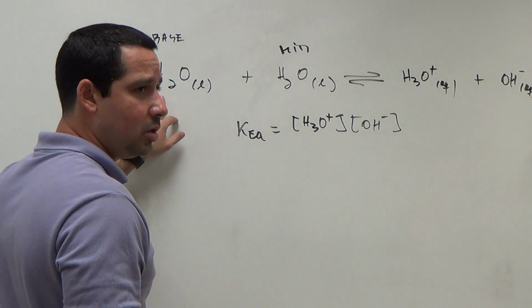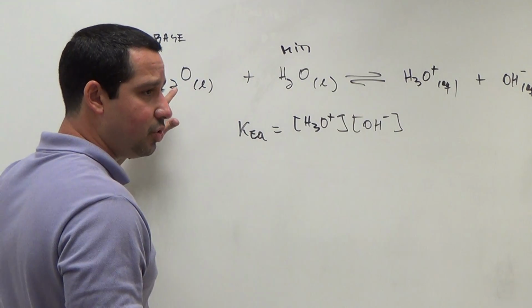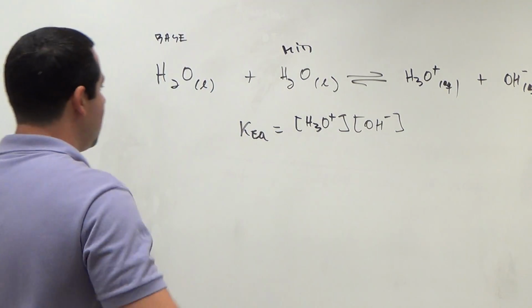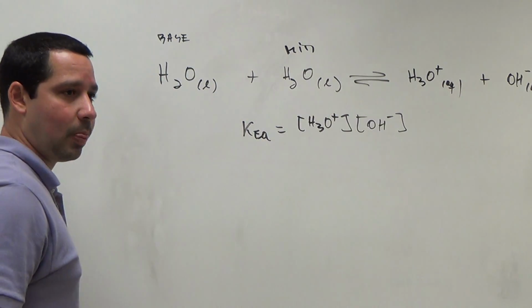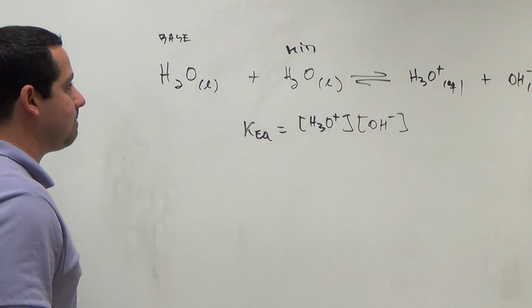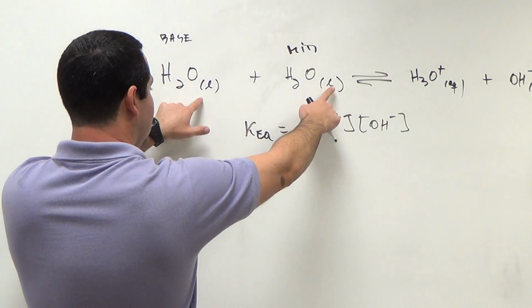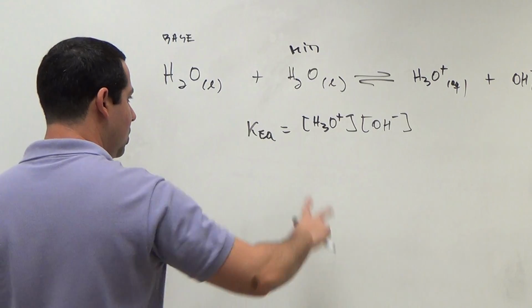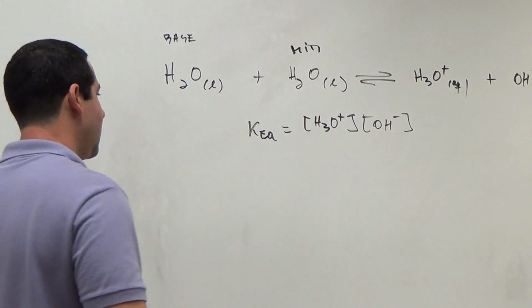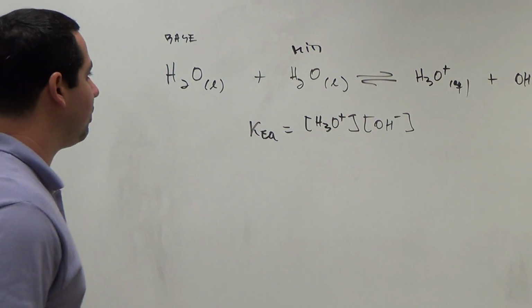No, those are liquids. Because this is liquid and liquid, they're not included in the equilibrium expression. So you just have the other ones. That is the equilibrium constant for this.